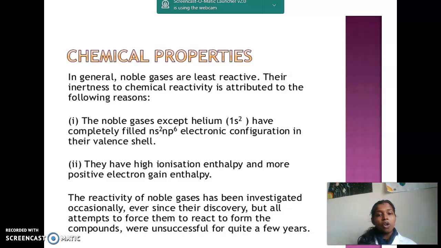We already know that noble gases have a stable electronic configuration, so they are less reactive, because of their high ionization enthalpy and positive electron gain enthalpy.